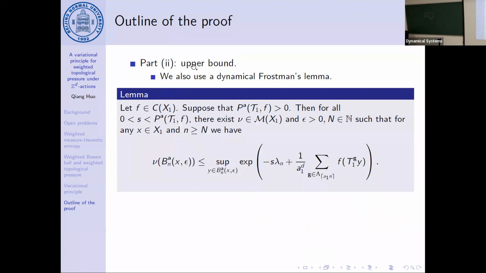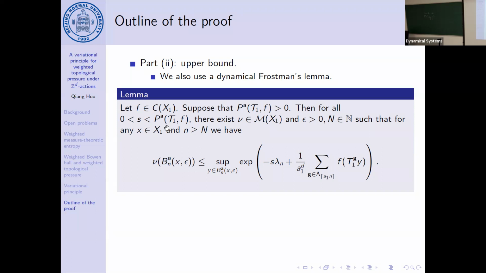In the proof of the upper bound estimate, we also use a dynamical Frostman lemma. Let f be a continuous function, and suppose that the weighted topological pressure of the potential f is strictly positive.